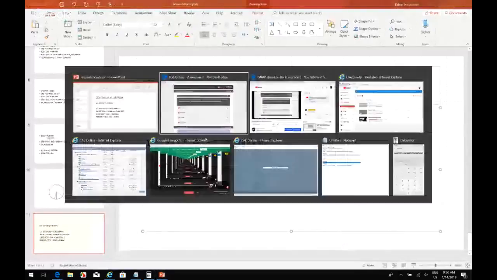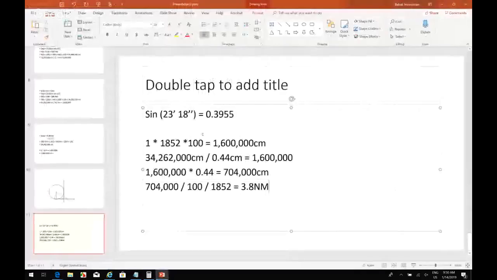So let me do that again now. Instead of 0.44 centimeters, let's say 1,600,000 times 44 millimeters. Actually, millimeters would be, is that 1,000?